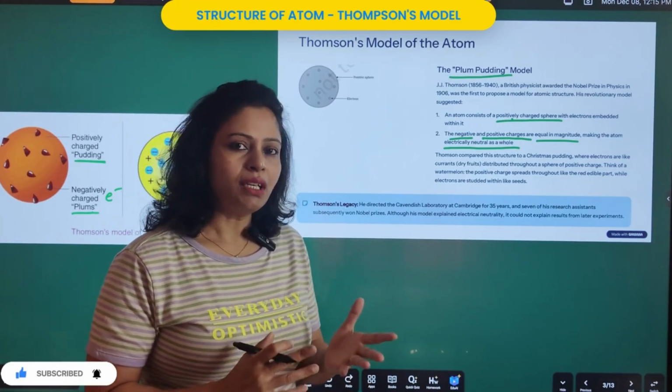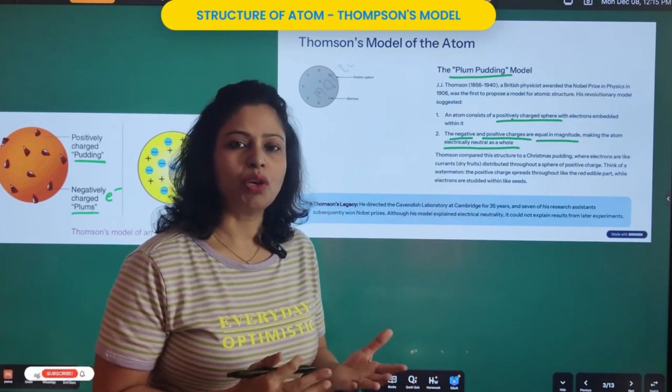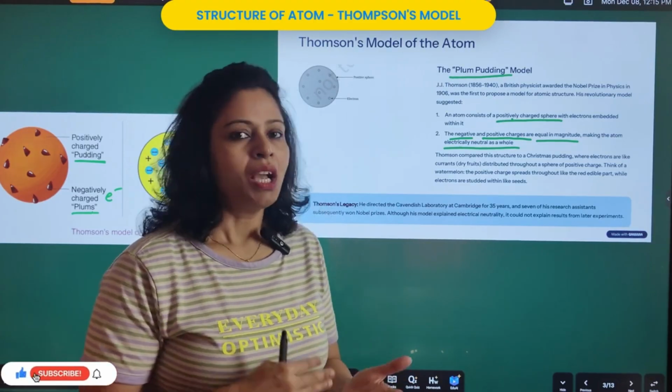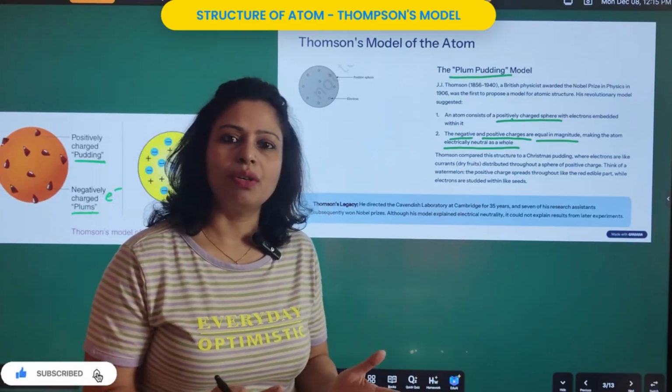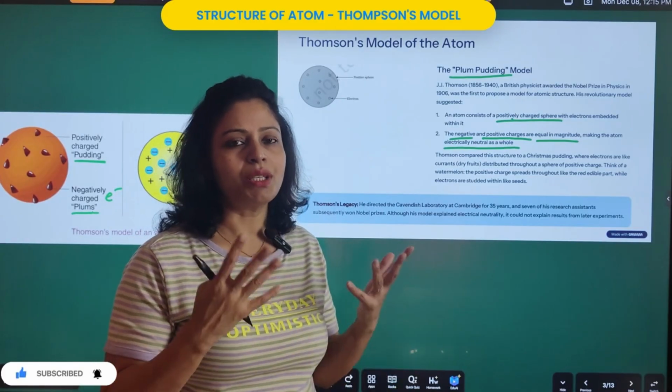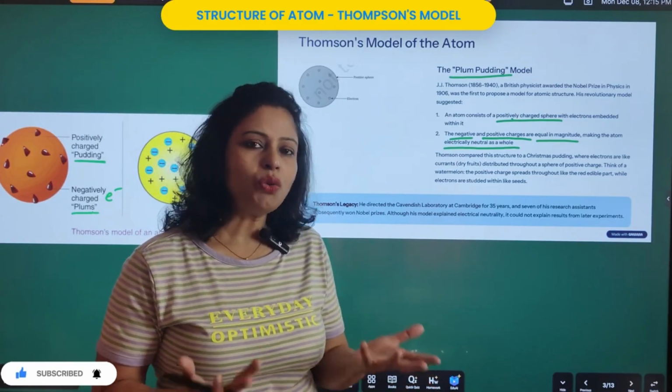He also said that the atom as a whole is neutral because the number of positive charges and the number of negative charges are equal. They neutralize each other, and the atom as a whole looks like a neutral atom.